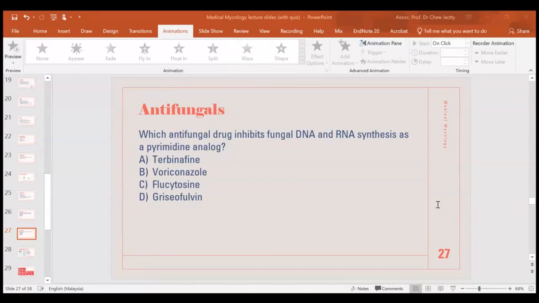Another person. Disrupt mitotic spindle function, okay? What does it mean as it disrupts the mitotic spindle function? Inhibit growth, okay? That's the outcome. Do you think that this is a cidal or static effect? Is it inhibiting growth or is it killing the fungus?